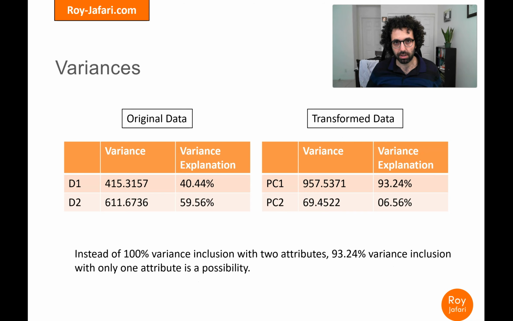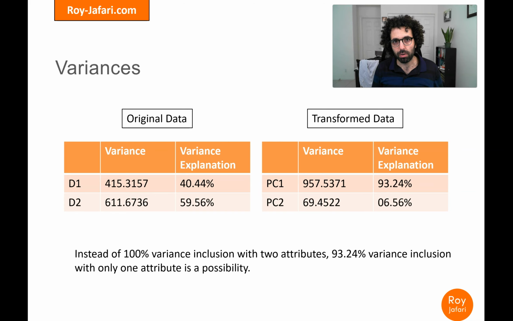So look at this comparison here. We had around 40% variance explanation for dimension 1 in the original data, but with PCA we managed to push most of the variation to PC1, and now we have 93.24% of the variation in PC1.